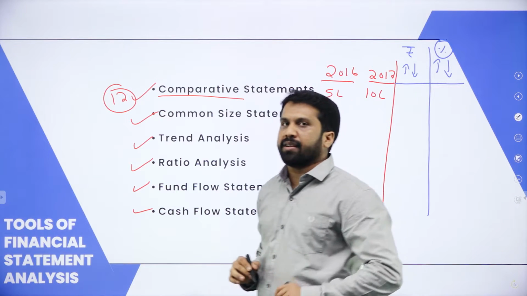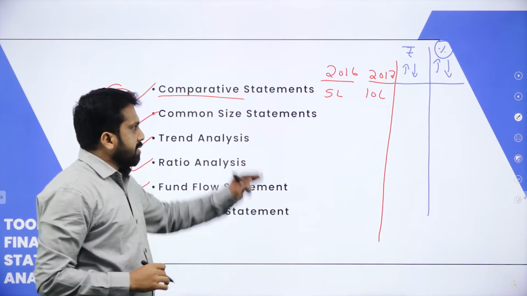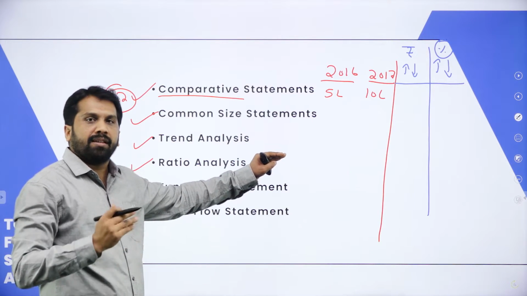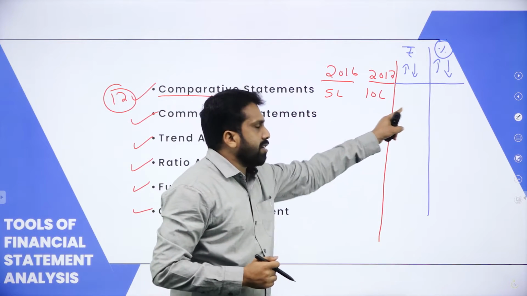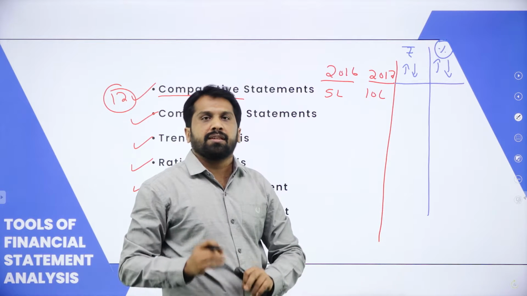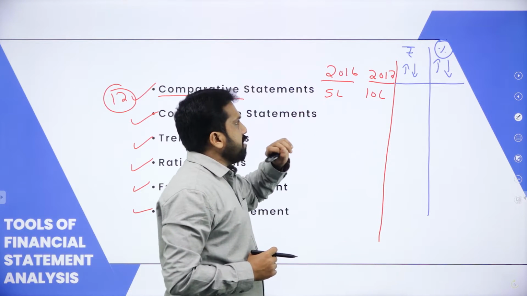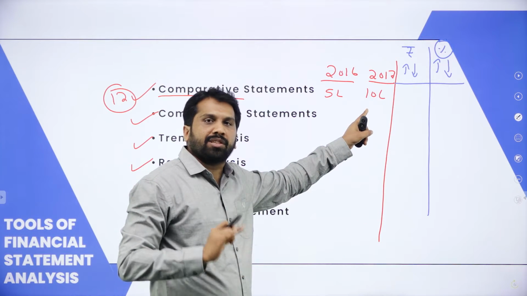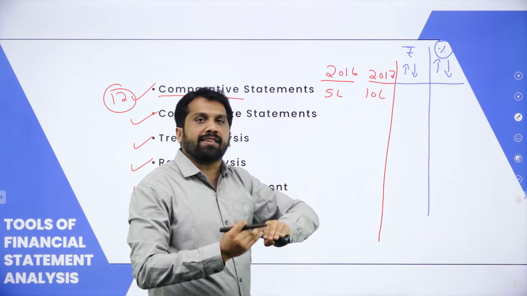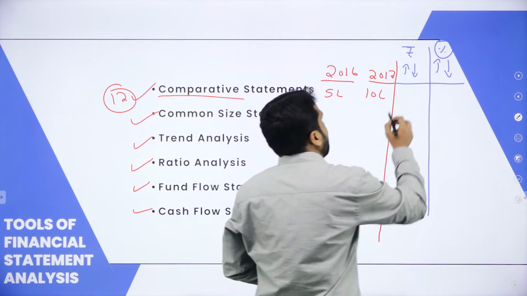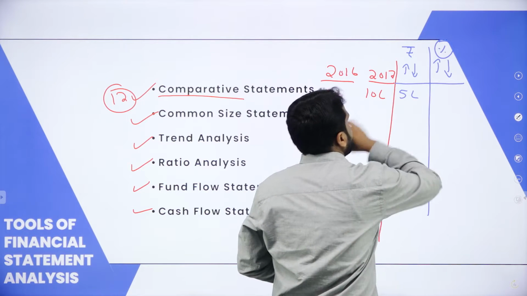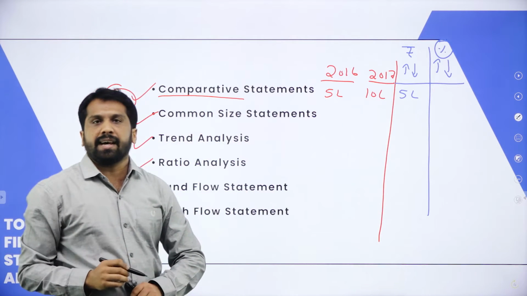This is your format for your question. Same question you have to copy, then add 2 more columns. Now, how to calculate in this? Last year 5 lakh, this year 10 lakh. What is the difference? 5 lakh. Your answer is 5 lakh.